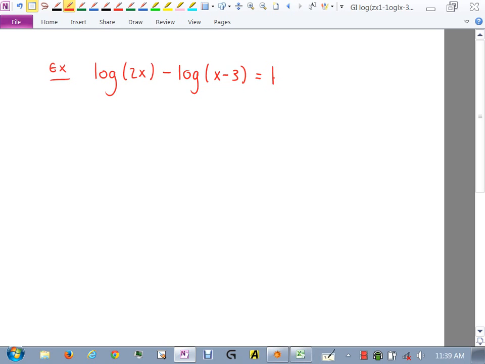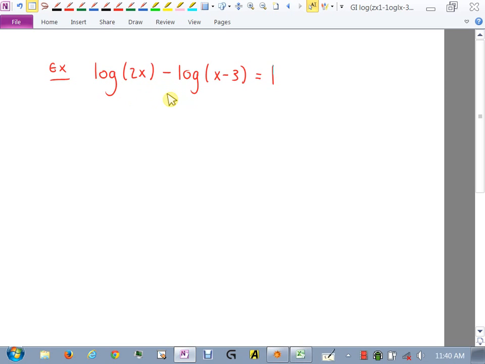Again, this looks very similar to what we just did. 2 logs on one side, a number on the other side. What's the difference, though? It's base 10, right? And it's subtraction, not addition. That makes a big difference.